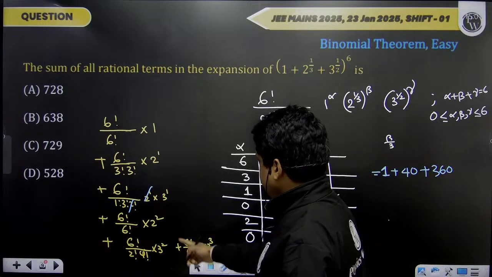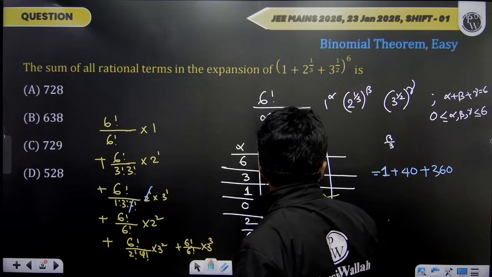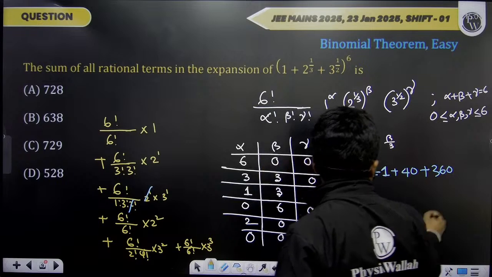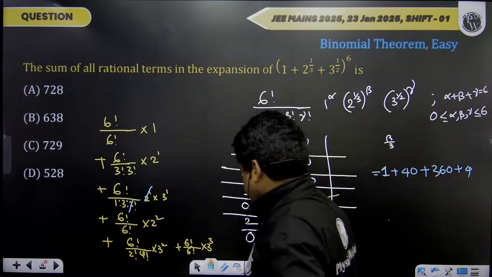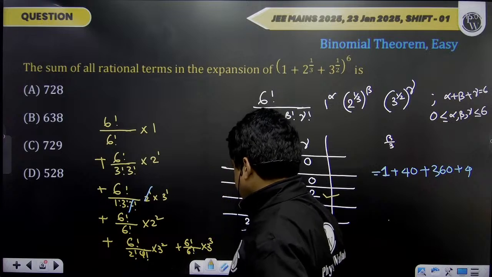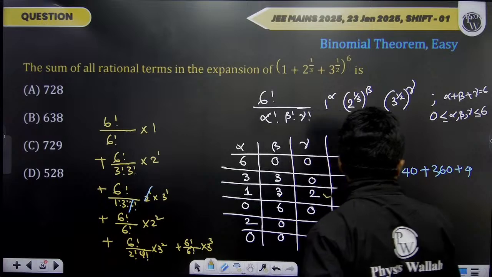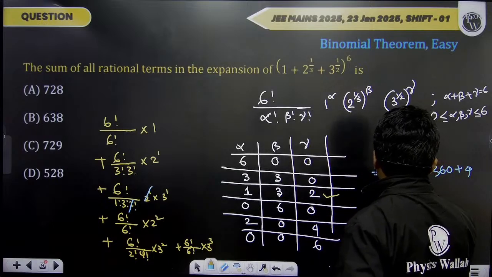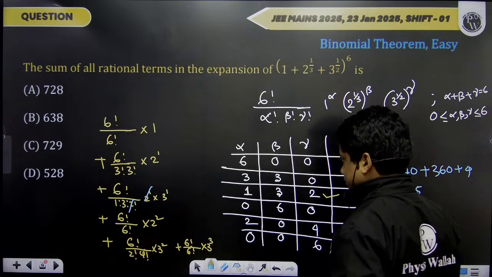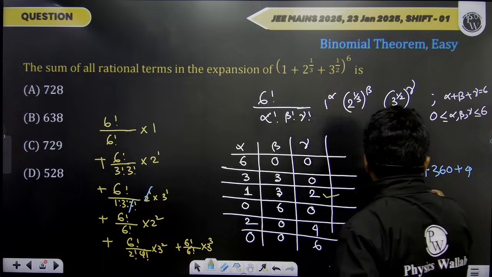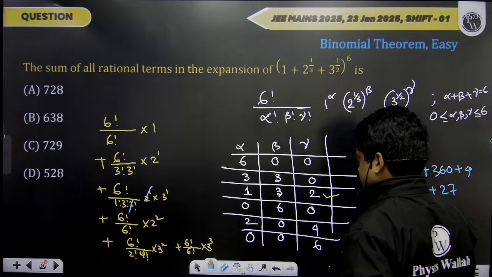And this will be 2 power 6 to power 4, plus 4, plus this will be 6 into 5, 30, 30 by 2, 15, 15 into 9, 135, and this will be plus 27, right?